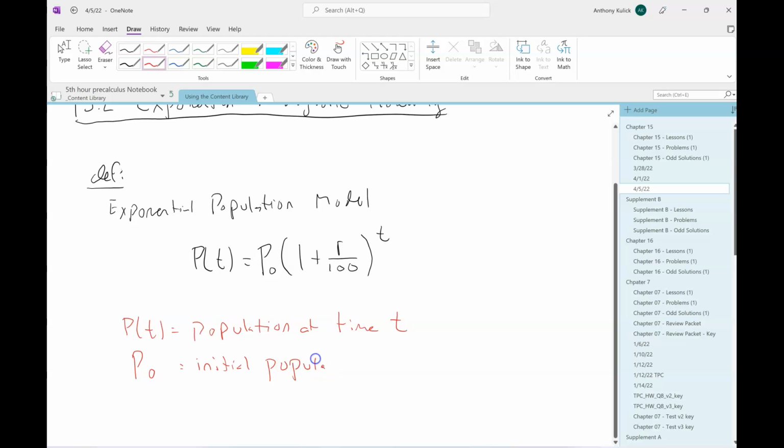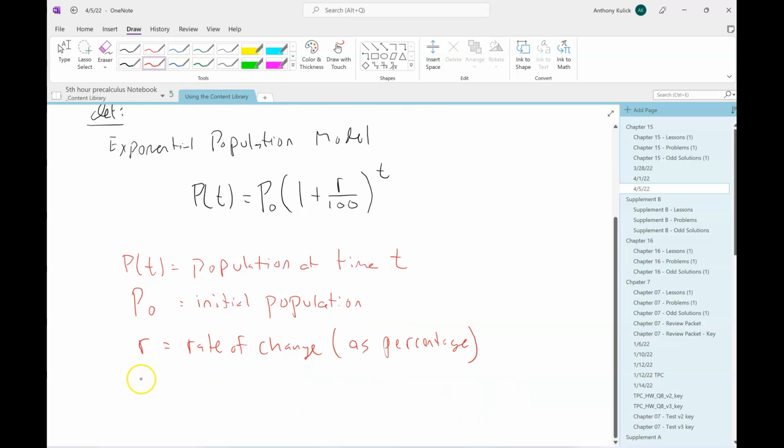What does initial mean again? Yeah, like the first or starting. R is going to be the rate of change, and we should express this as a percentage. And then t is going to be some measure of time.